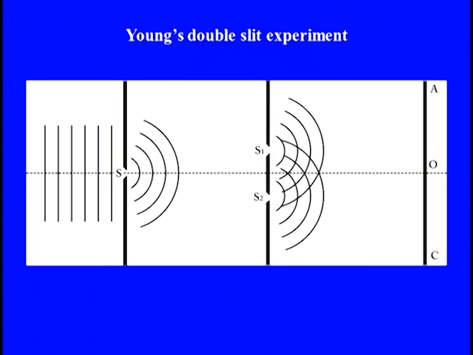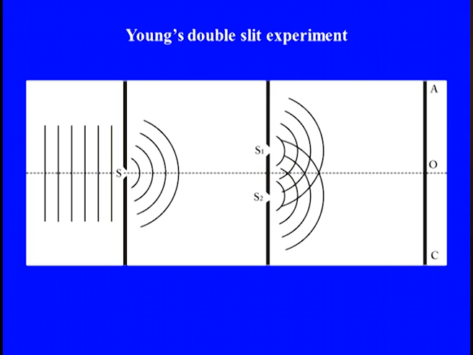In this experimental setup, monochromatic light of wavelength lambda is allowed to pass through a slit S and then through two slits S1 and S2, which are equidistant from S, as shown in this figure. The slits S1 and S2 are perpendicular to the diagram and parallel to each other.